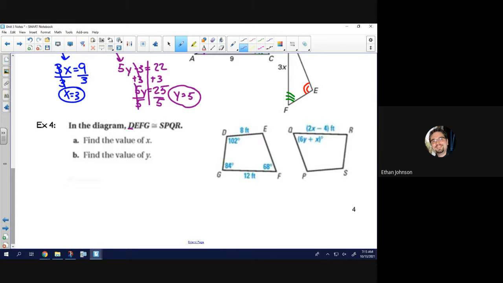So D matches with S, E matches with P, F matches with Q, and G matches with R.